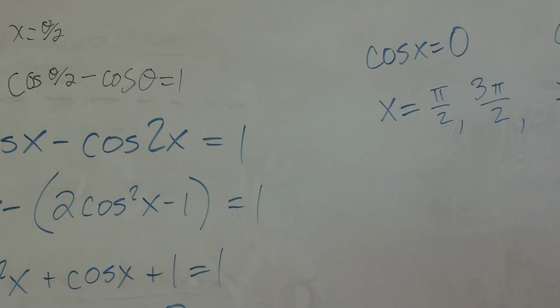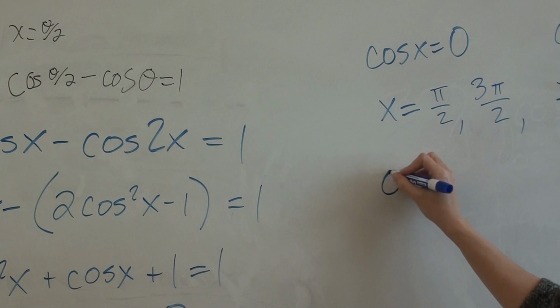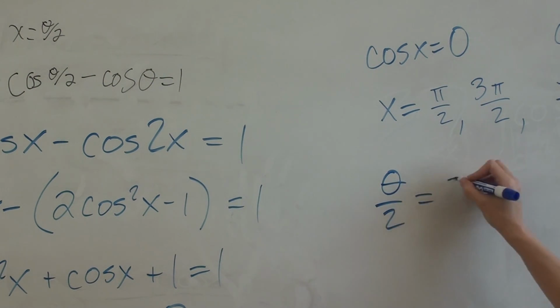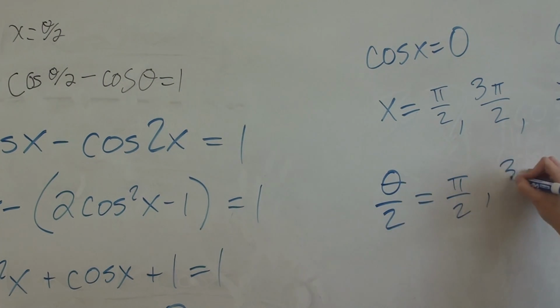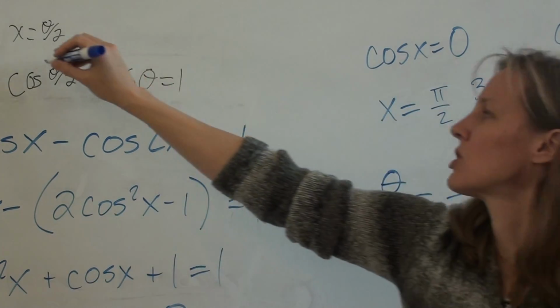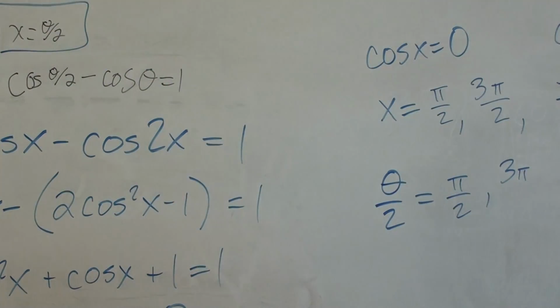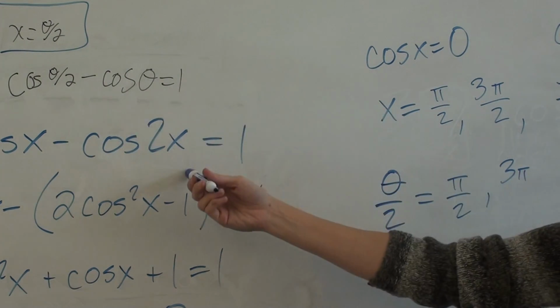All right, except that's x. What do we need to solve for? Theta. So x is the same thing as theta over 2. Remember when I first started the problem, I said let x equal theta over 2? That was how I rewrote the problem in the first place.